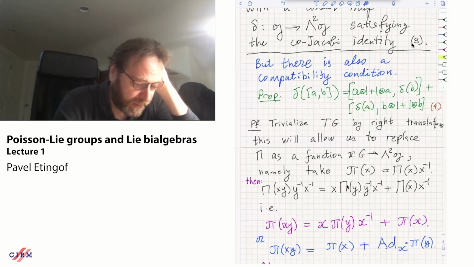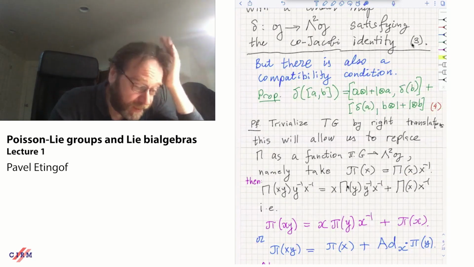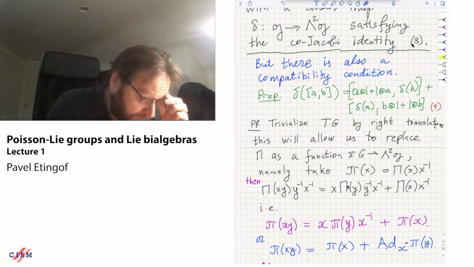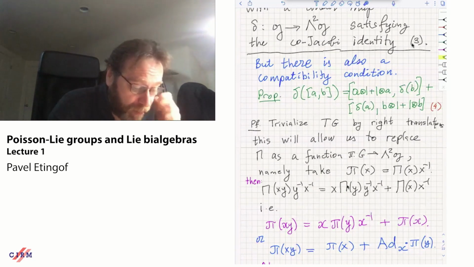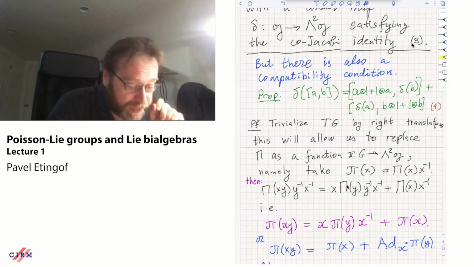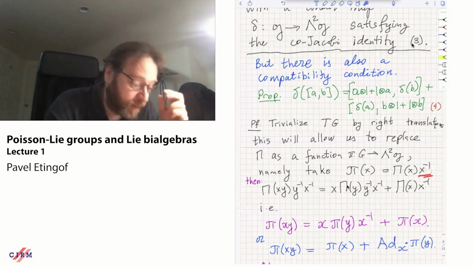Namely, we take this little pi of x, which is big pi of x times x inverse. So big pi of x is, I repeat, an element of the fiber of the wedge 2 of the tangent bundle to G at the point x. So we can return it to the identity by right translation by x inverse.